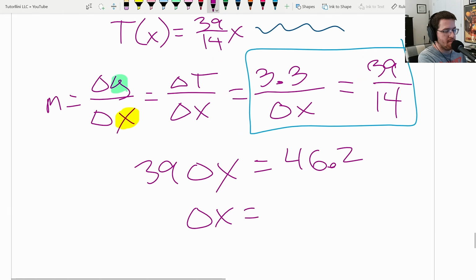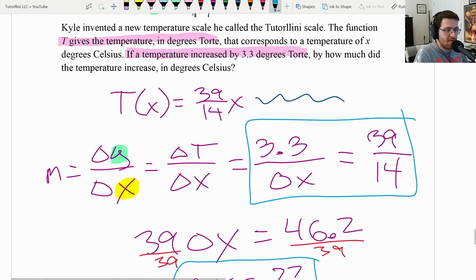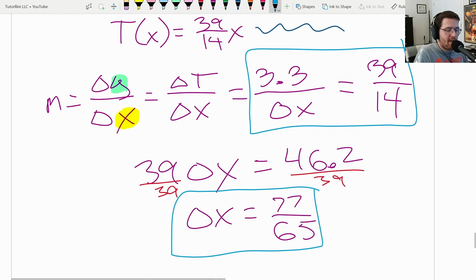Calculator's telling me that when I type in 46.2 over 39, it simplifies to 77/65. And that is the corresponding temperature change in degrees Celsius. And that would be our answer.